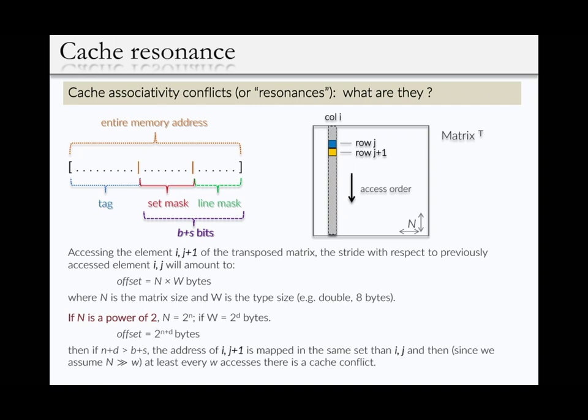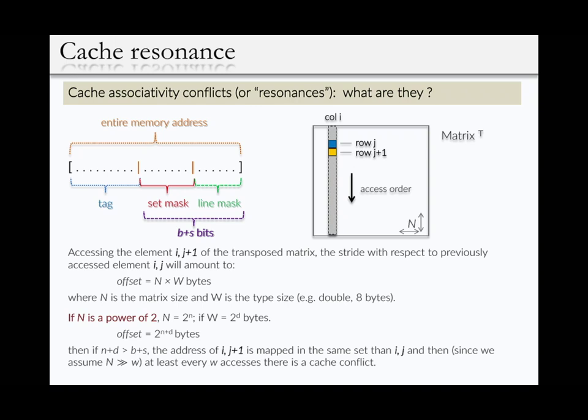So you access the element J and J plus 1, and the stride is obviously N, where N is the dimension of the matrix, and W bytes is the bytes that it takes to go from here to here. Because you see the matrix in 2 dimensions, but obviously it's just 1D, it's a chunk of linear dimension in the memory, in the RAM.